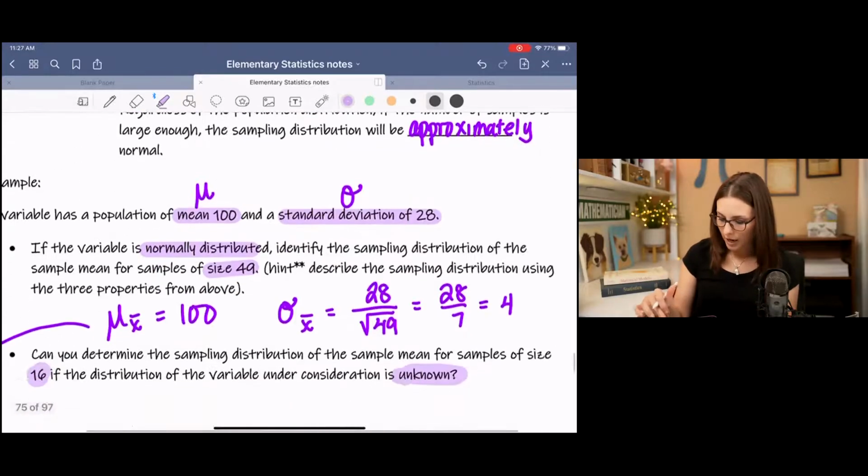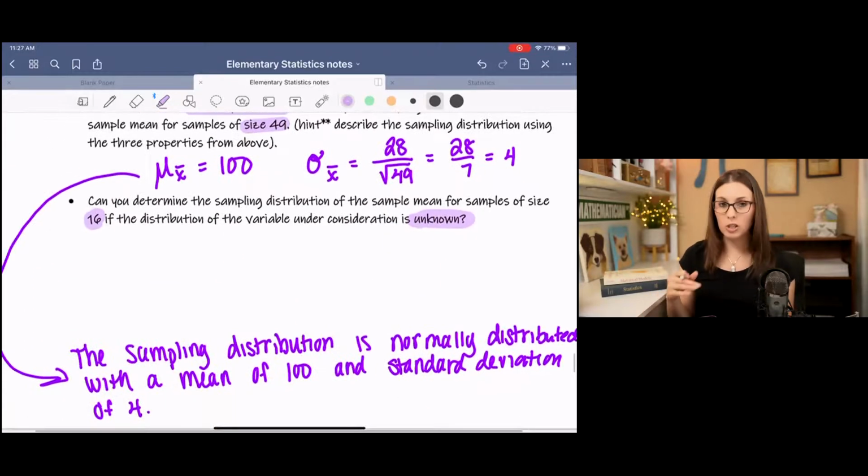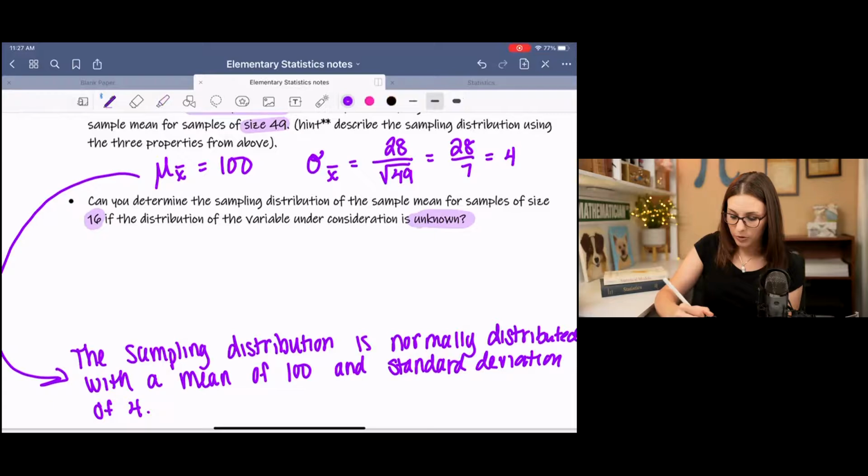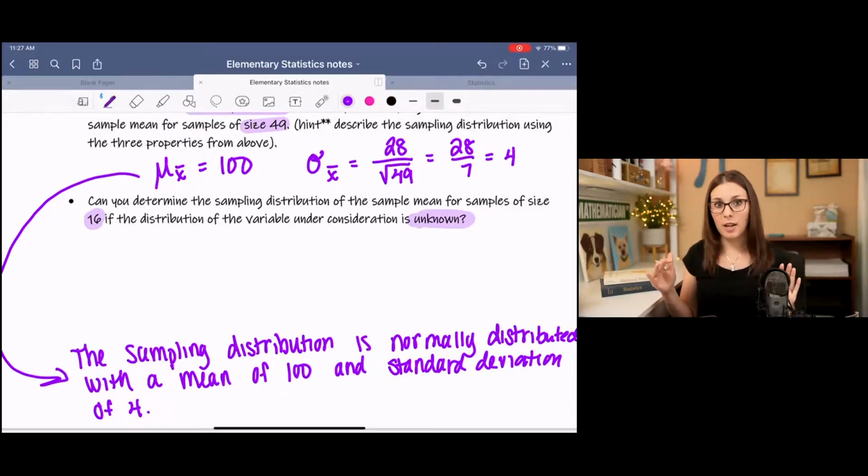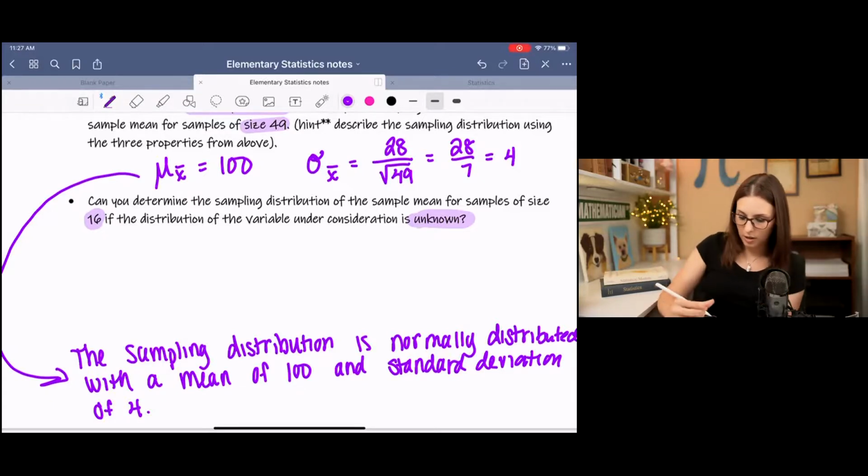Does it say that our population is normally distributed? No. So since we don't know and the sample size is 16, we cannot assume anything using the central limit theorem. We cannot apply the central limit theorem. So we'll just state that.